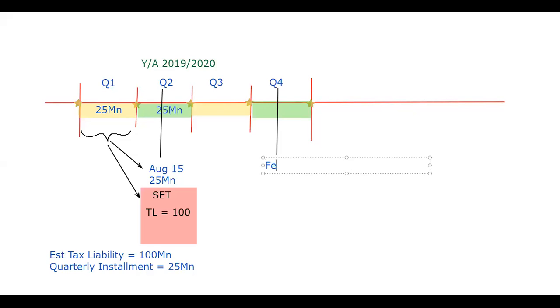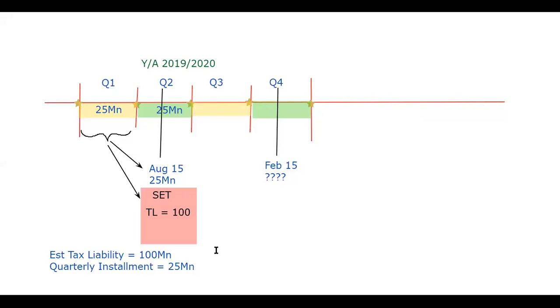Because on February 1st they realize now, before February 15, they are wondering how much they are going to pay. Then they realize their tax liability is now decreased to 80 million, not the 100 million.